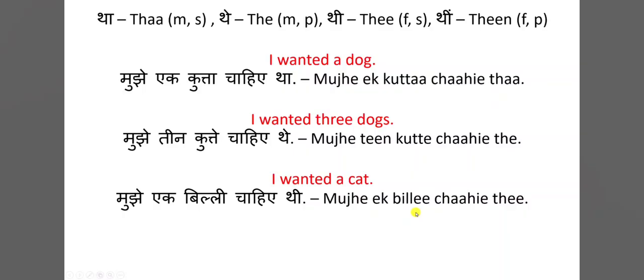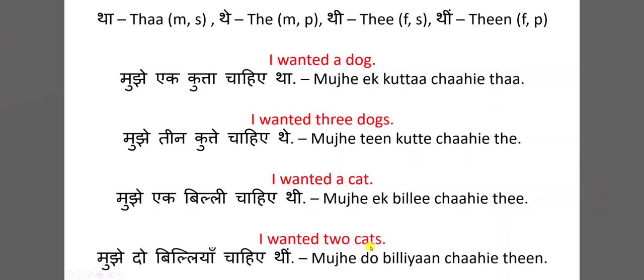Okay? I wanted 2 cats is मुझे 2 बिल्लियाँ चाहिए थीं. Here thii is selected because we have 2 cats as the object. 2 cats is plural and cat is feminine.